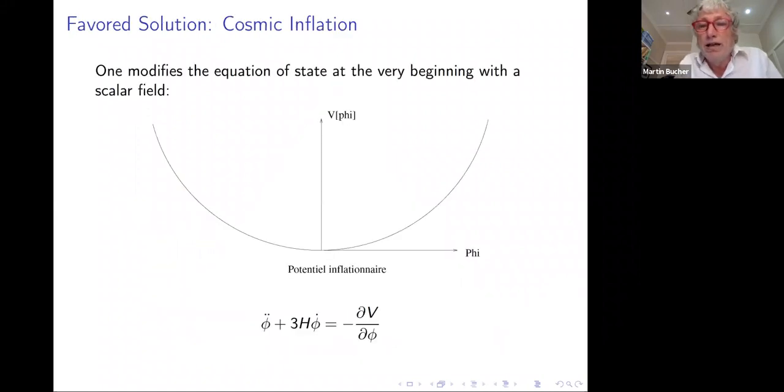And the way inflation works is, so this looks like a potential that is m squared phi squared over 2. It wouldn't really have to be that.